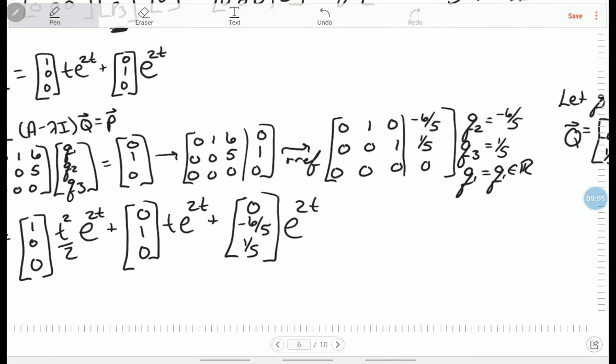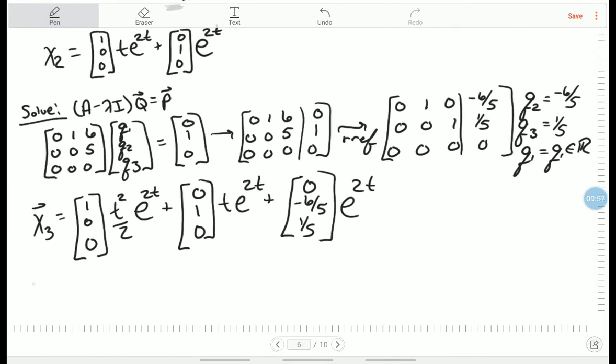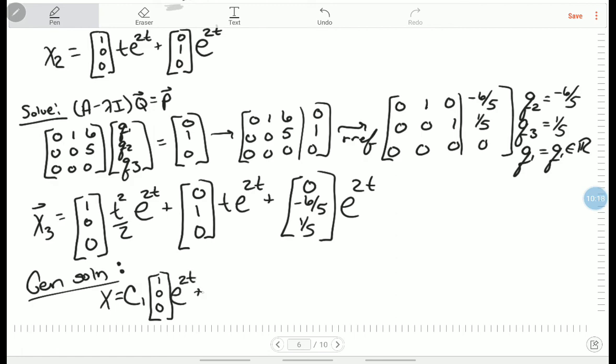So then what does the general solution look like? Well, it's all that stuff kind of squished together. So x is going to be C1. Don't forget your constants when you're writing this. So this is going to be 1, 0, 0, e to the 2t. That was the easy one. That was the first one we found. Plus it's going to be C2 times all of this.